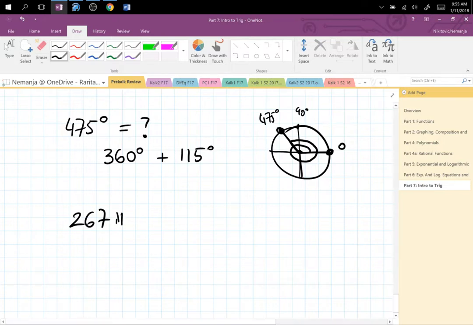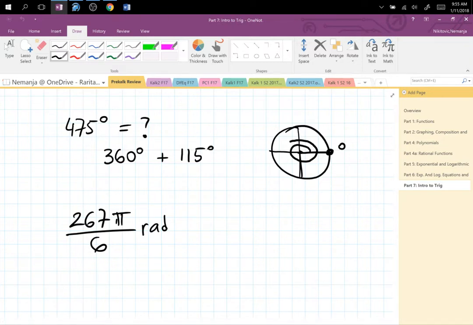And then I'm going to put pi, and then I'm going to put 6 on the bottom. Clearly, this is an angle given in radian measure, right? So this is radian. So now you have 267 pi over 6 radians. How many full circles do you have in 267 pi over 6 radians? How would you figure that out? That's half circles.